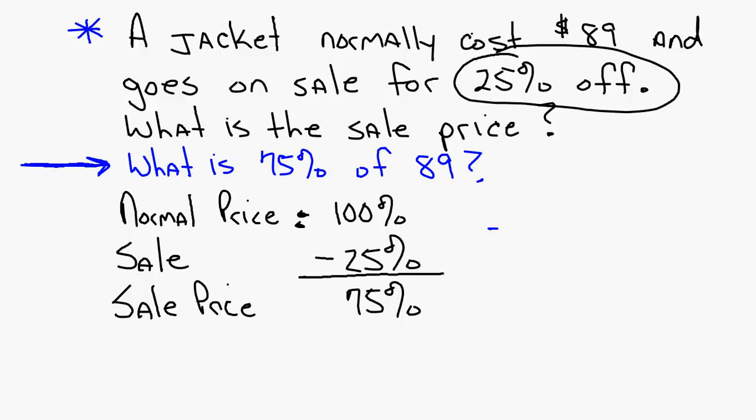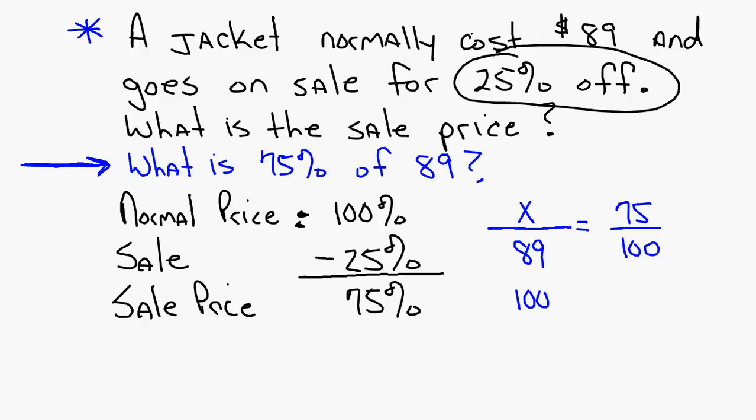So your proportion would be, your is what you're trying to find. Your of is $89. It's equal to percent, which is 75, over 100. There's your setup, and you crisscross multiply.